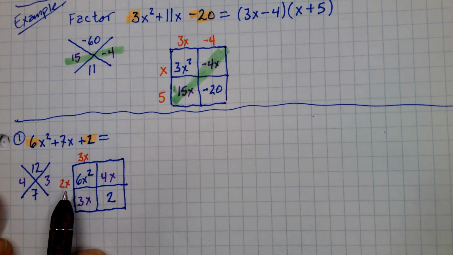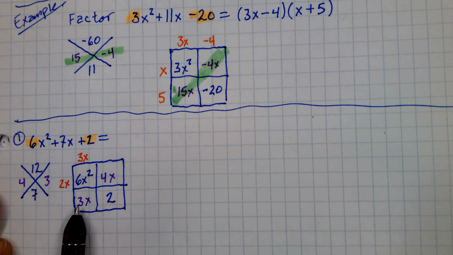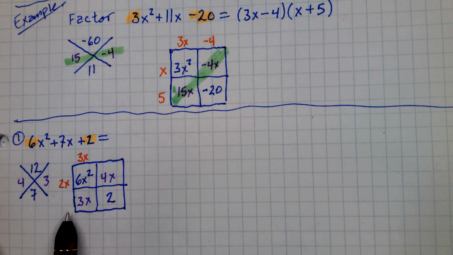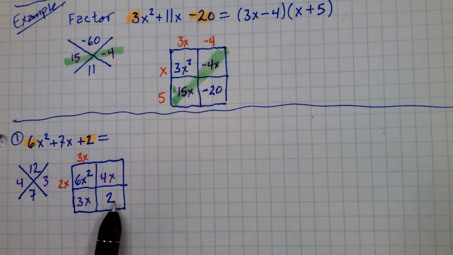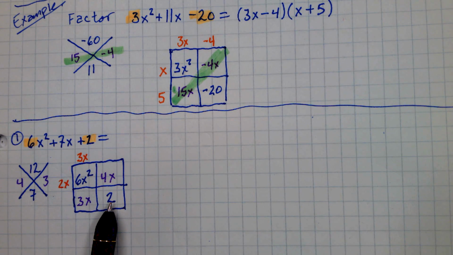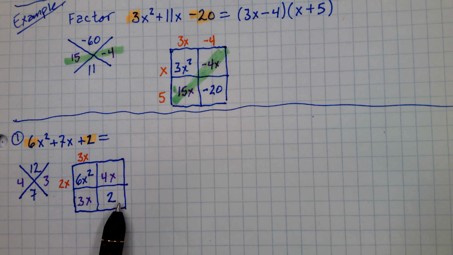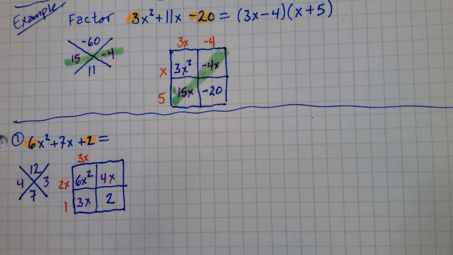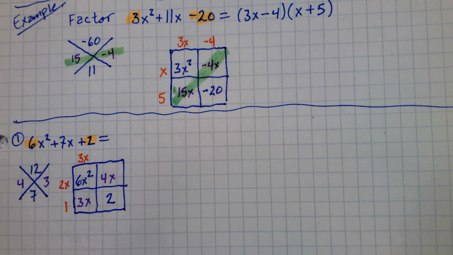And now let's see. What can I factor out here? I got 3x and 2. Just 1, if nothing comes out, right? 3 and 2, nothing comes out. They're both prime numbers. And x, and I don't have anything here. Well, just factor out 1. A 1 factors out. Okay, if nothing else factors, take out a 1.